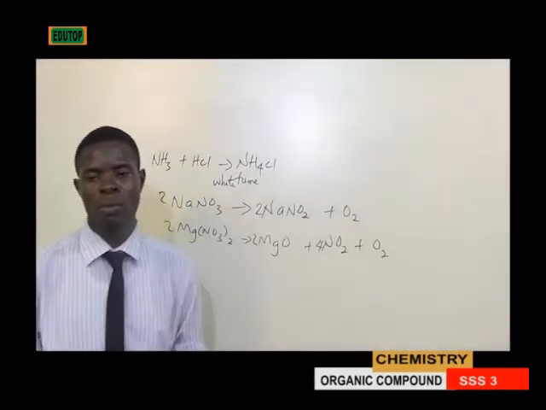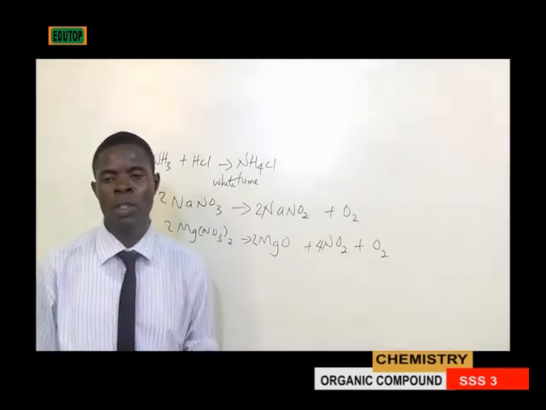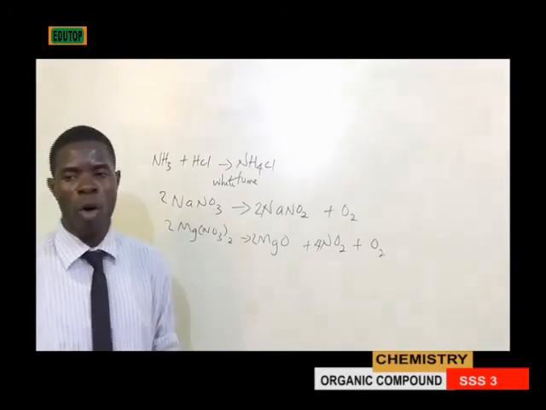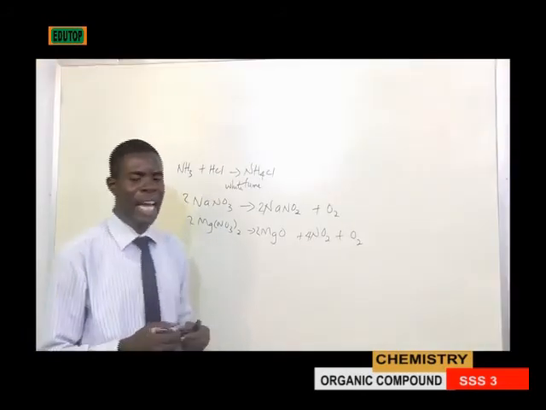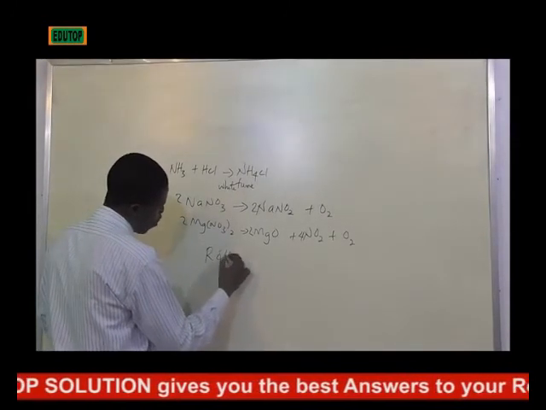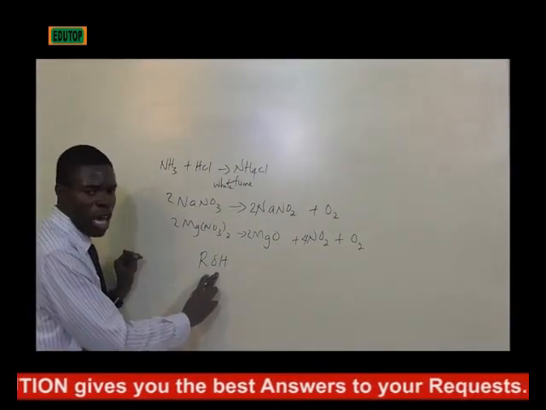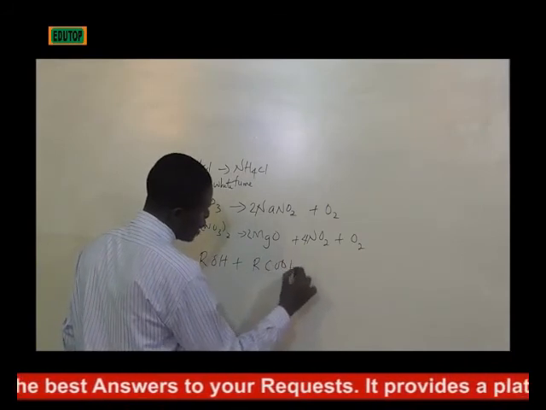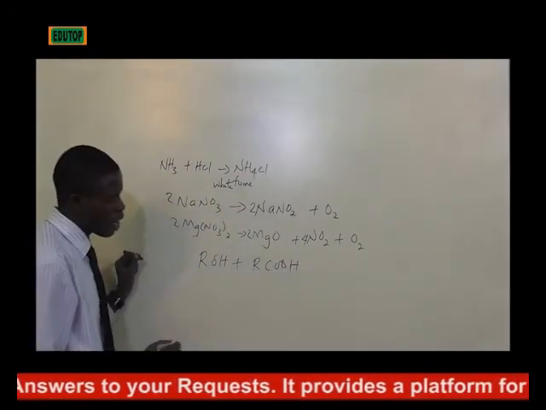Question number 2. What is the name given to the reaction between an alcohol and an organic acid? An alcohol has OH as a functional group. An organic acid has COOH as the functional group.